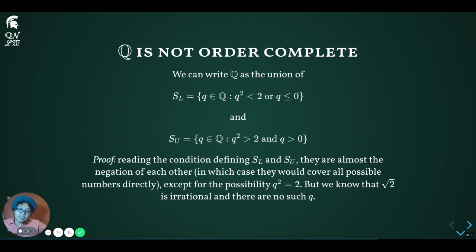Were they negations, then automatically between SL and SU, we capture all the rational numbers. The only possible missing number that makes the two conditions not direct negations is the positive solution to q squared equals 2. But we know that this number would be square root of 2 and is not rational. And so we see that the two sets cover all possible numbers.